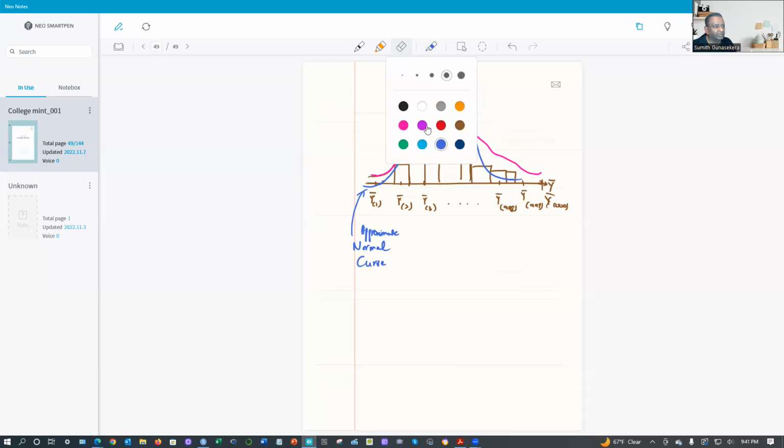This one, density curve. Sometimes we call this the kernel.